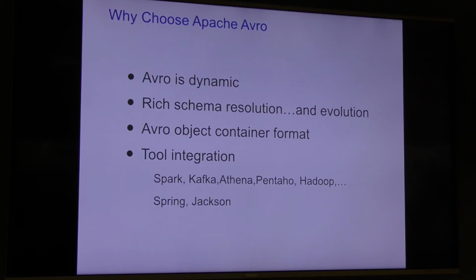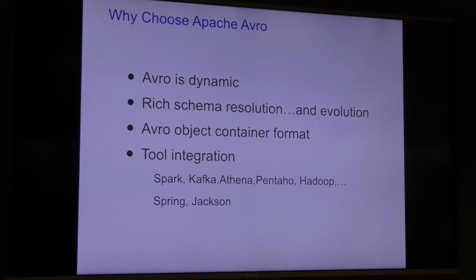So again, why choose Apache Avro? It's dynamic, right? You don't need to have that schema around. You can use code to generate your schemas. There's the schema resolution and evolution of your schemas.